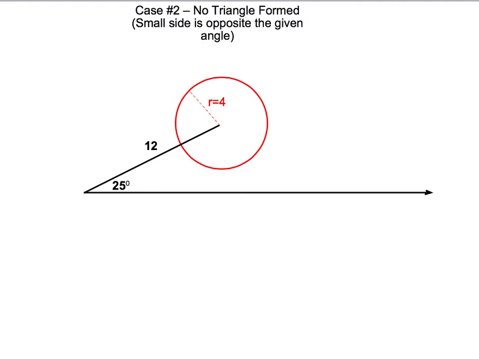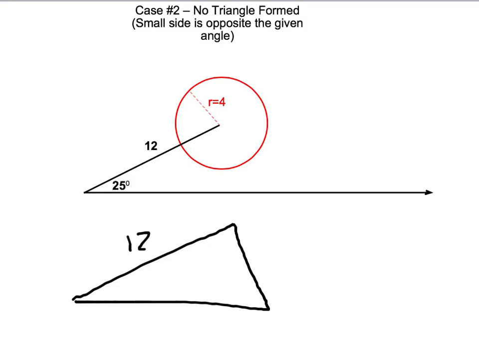In terms of our problem solving, we probably won't recognize this situation until we start solving the triangle. I could see this situation happening right here, because how do you know if that triangle is going to be formed or not? We might have 12, 4, 25 degrees. Let's find angle A here.